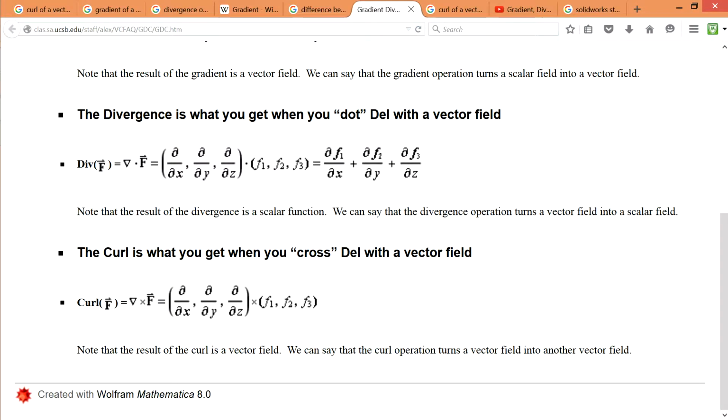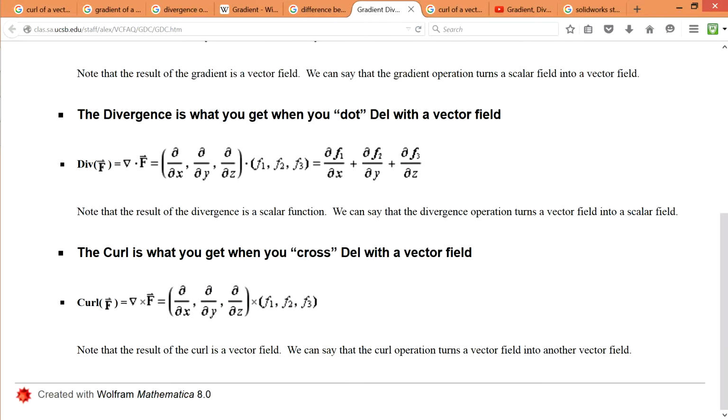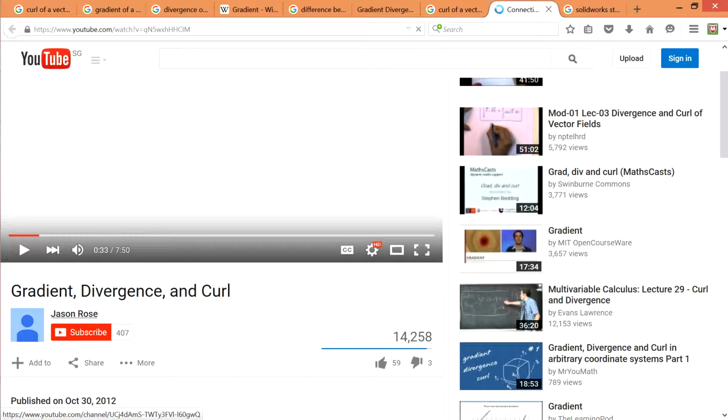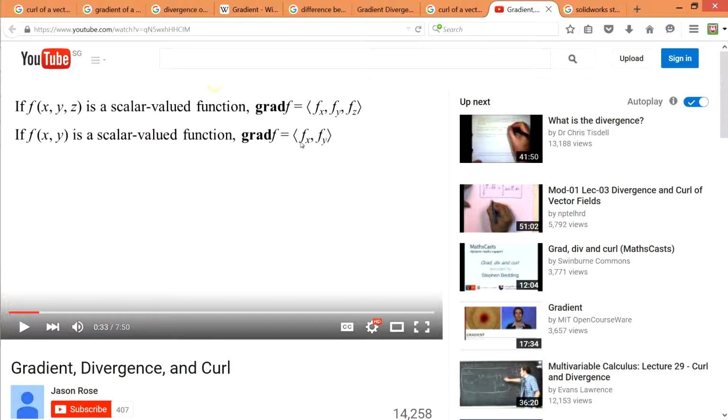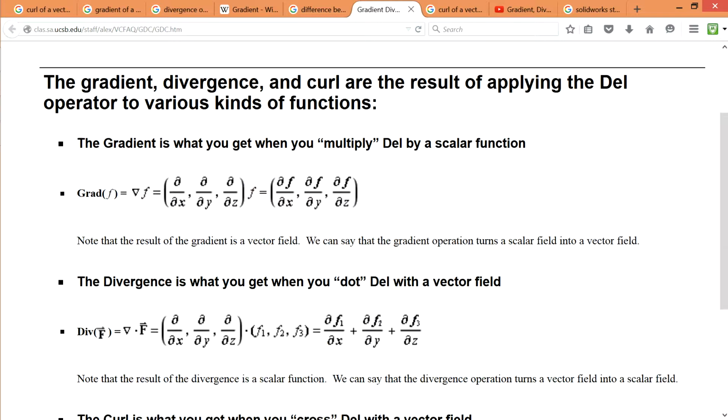So the operator is simply the del operator, and the del operator with a dot product, cross product, or just simple multiplication, and you get different things out of it. And you can go to this video, Gradient, Divergence and Curl by Jason Rose. It's a very short video that touches on all of this calculation. It's a very short and quick video, which is very great.